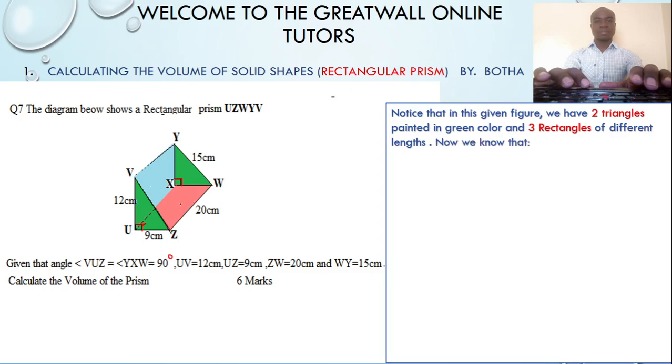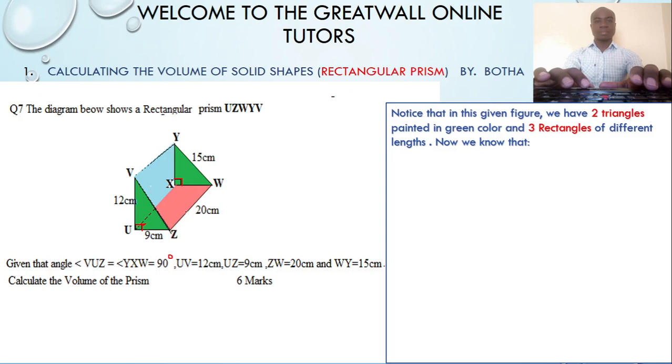We have this one in pink, this one in blue, and the front part. It's a rectangle. So we have three rectangles plus two triangles.